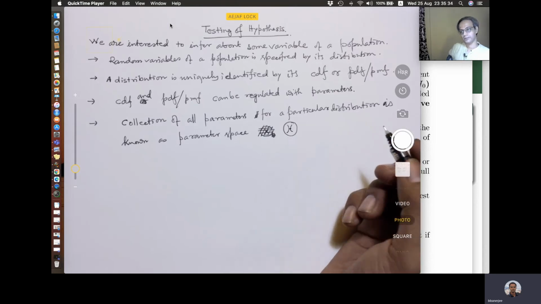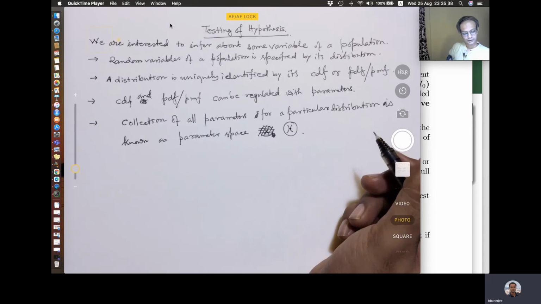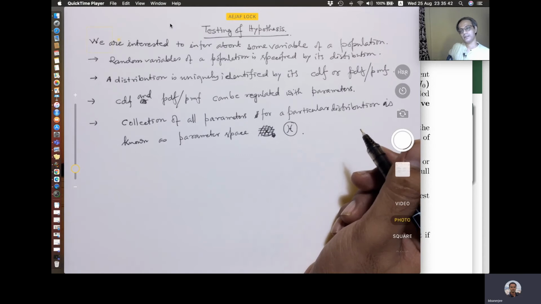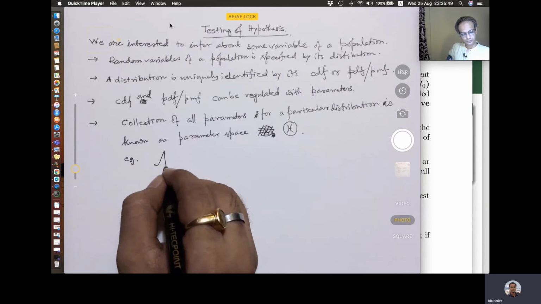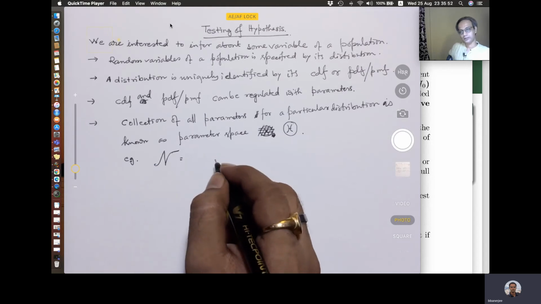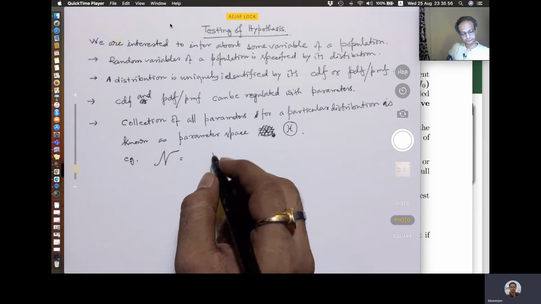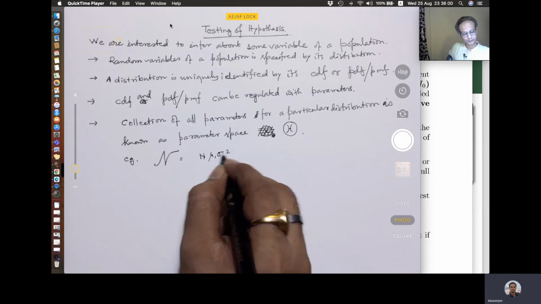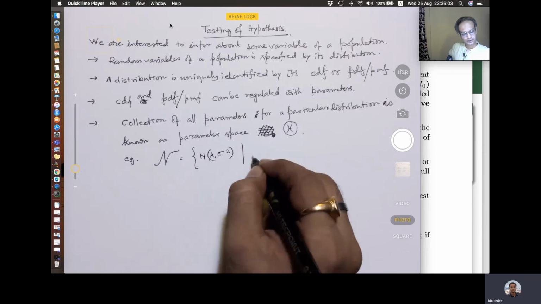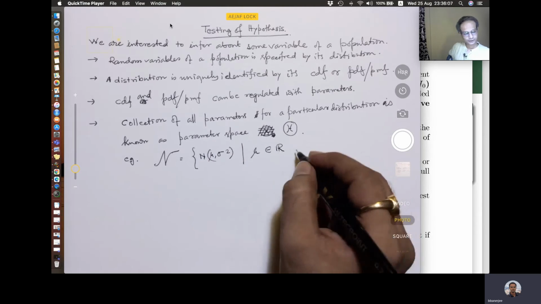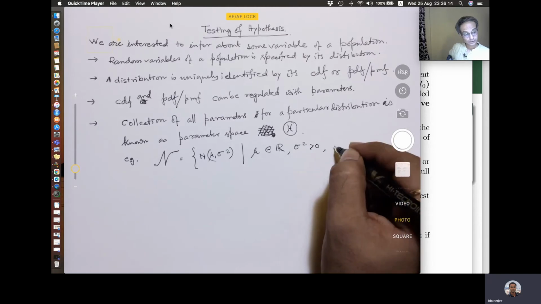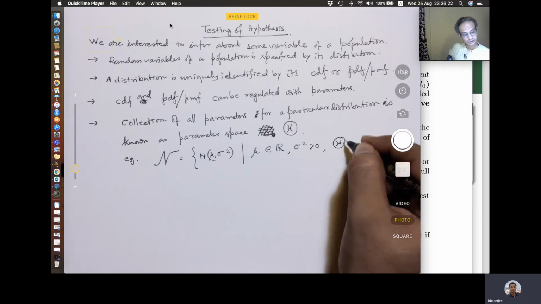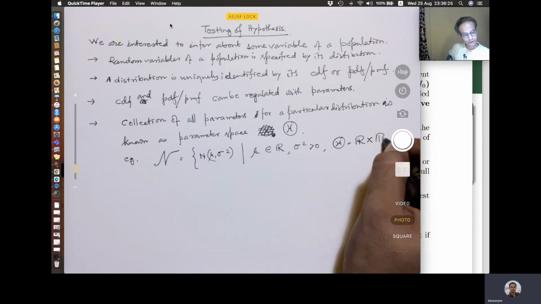Like this, script theta. And a null hypothesis is a specification about the parameter. So for example, if you consider all normal distributions, such that mu belongs to R and sigma square is greater than 0, that means the parameter space script theta is R cross R plus.